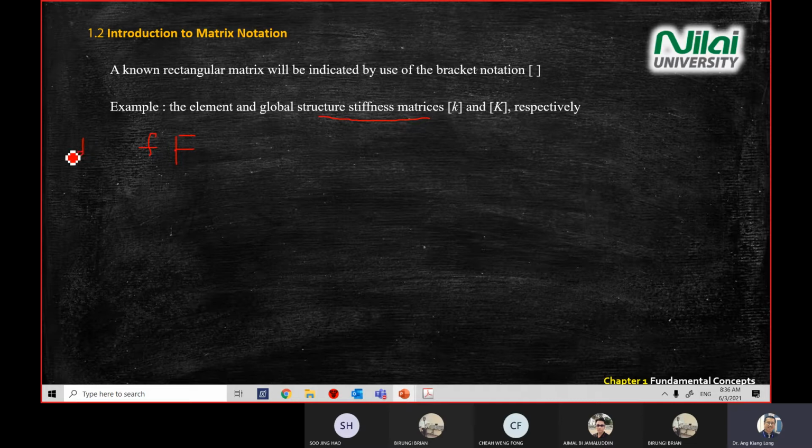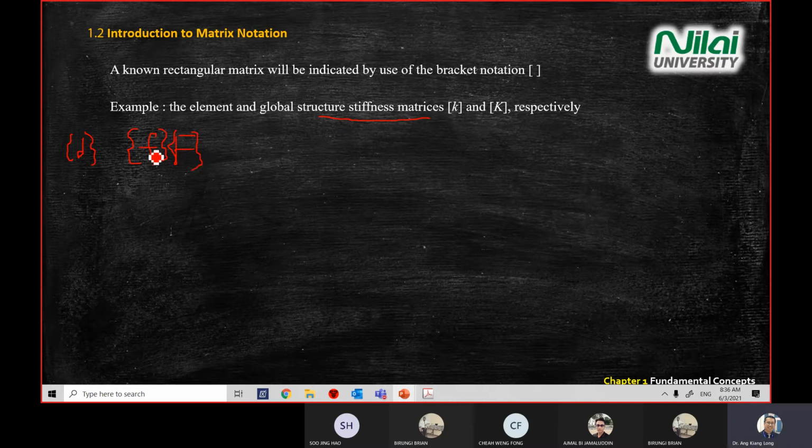For this module, you always see a small d for displacement. But for force, you will have two alphabets that you need to use according to specific cases. For displacement, again, it is a curly bracket. For force, it is a curly bracket.